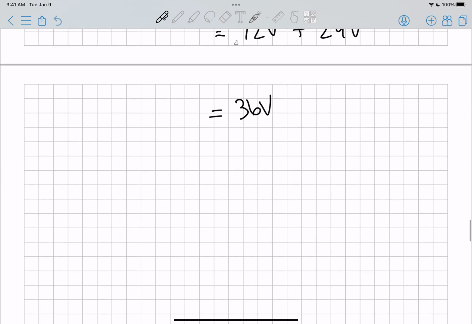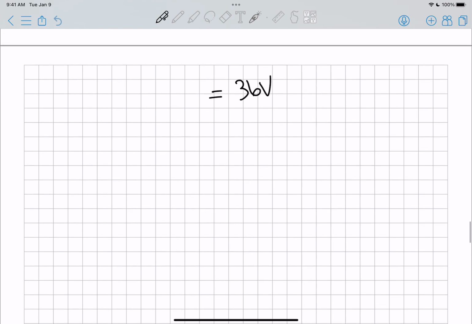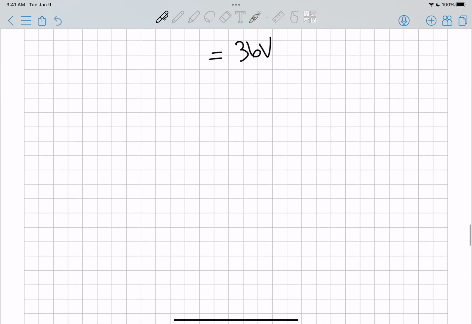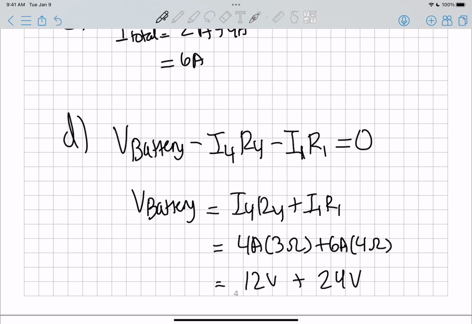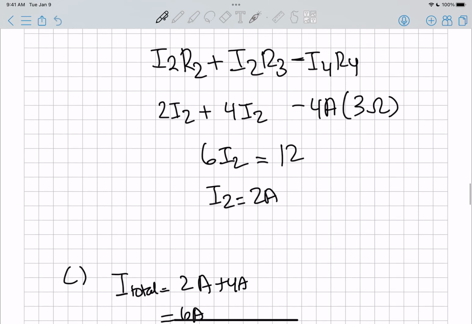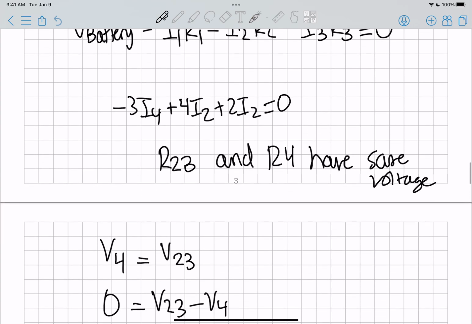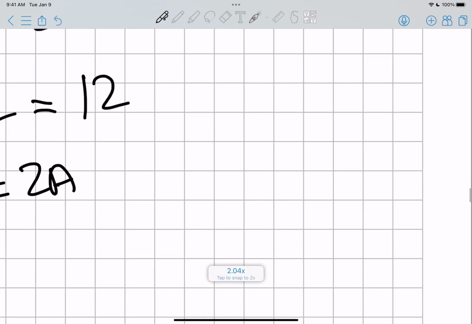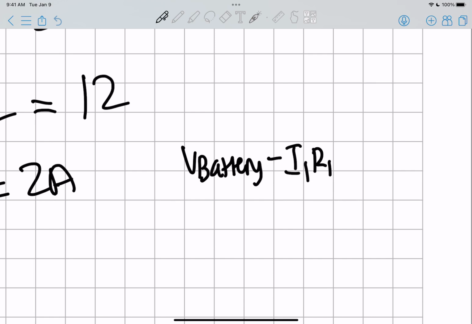So maybe that's what I was screwing up earlier. If I picked a loop for part B for the loop rule, I had V battery minus I1 R1 minus I4 R4, right, where this was 4 amps like they told us, and R4 is 3 ohms like they told us, right?